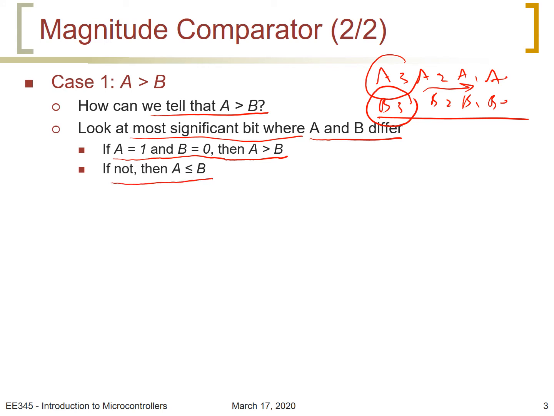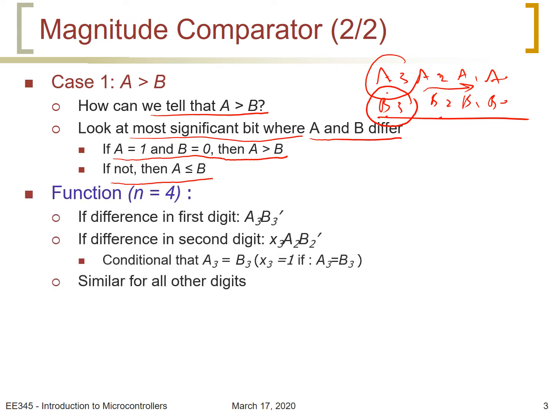Of course, if A3 is 1 and B3 is 0, we are done. A is more than B. However, if A3 is equal to B3, we look at A2 and B2 in this case, and if A2 is 1 and B2 is 0, then A is more than B, and so forth.